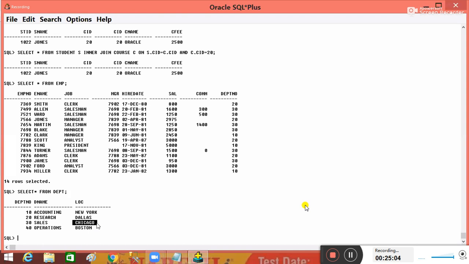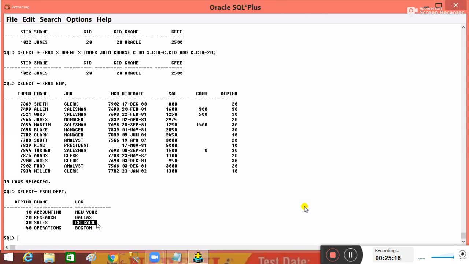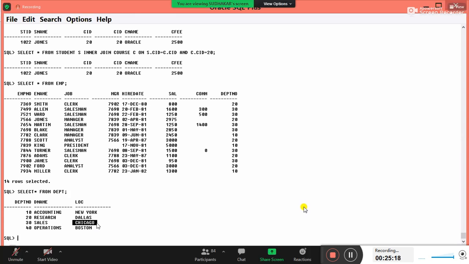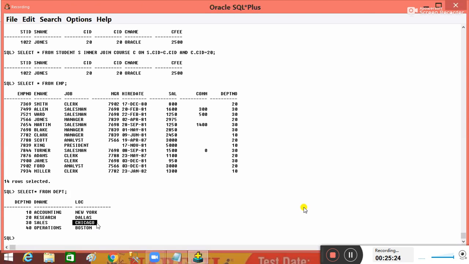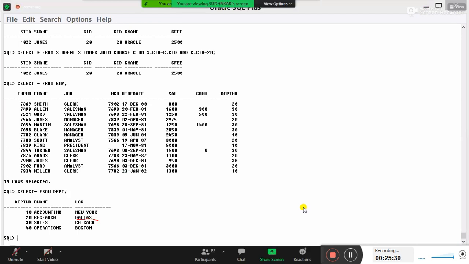Before you join these two tables, can you identify whether there is any common column in these two tables? Yes. DEPT number is a common column, right? Carefully identify here, guys. I am asking for the people in the Chicago location, and the department number for Chicago is 30.